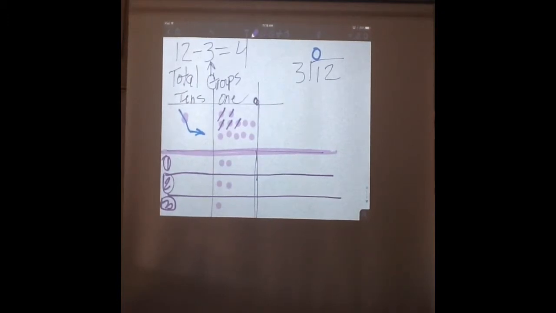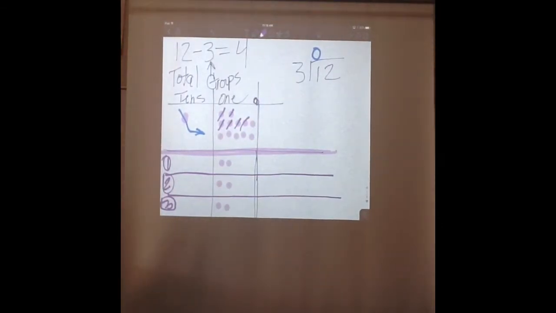All right, so as I cross off my dots, I'm putting them in my drawings. Okay? So I'm going through and I'm putting them in my categories.